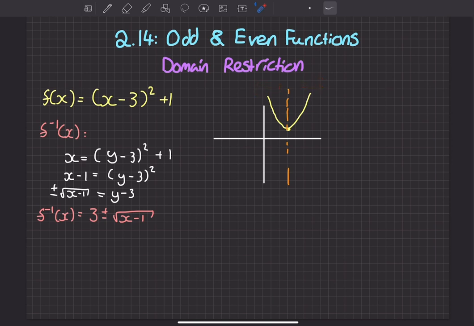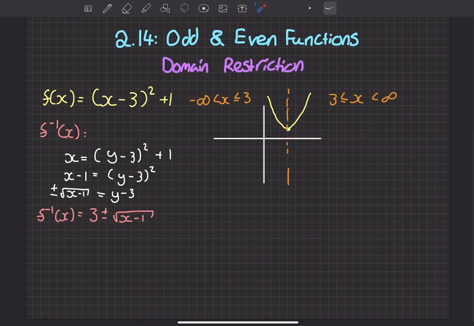And how do we do that? We just restrict the domain. So if we wanted this side here, we say the function from minus infinity to x to 3, right? And this side would be 3 to x to infinity. So here, any x value between 3 and infinity. So 3, 4, 5, 6, and so on.